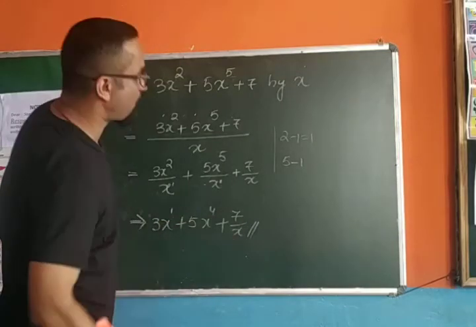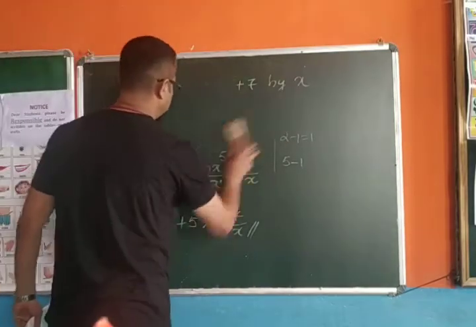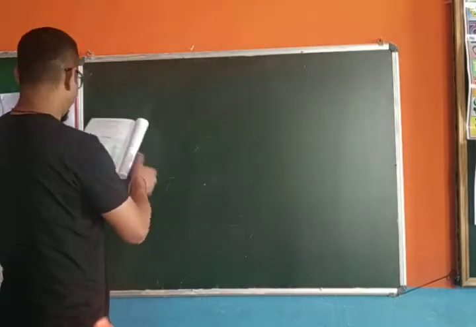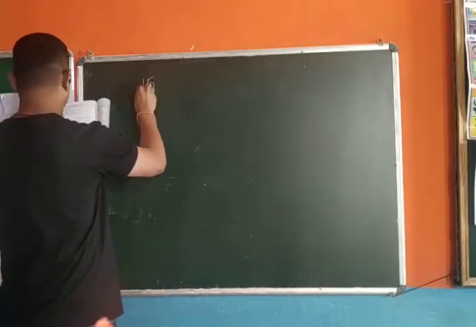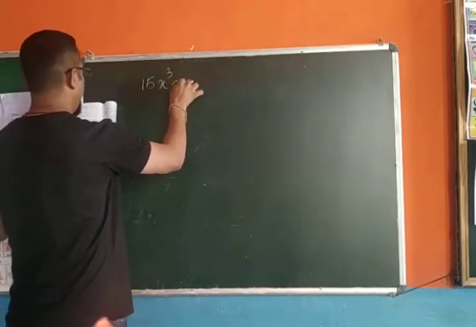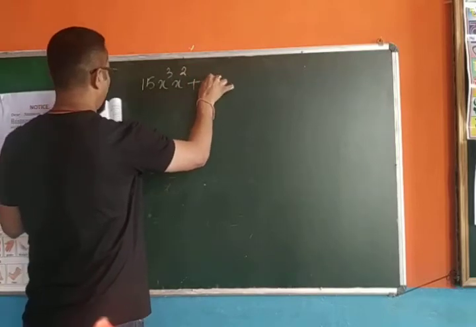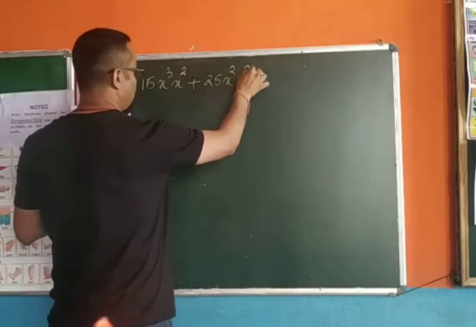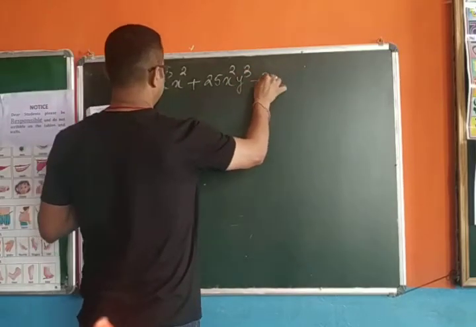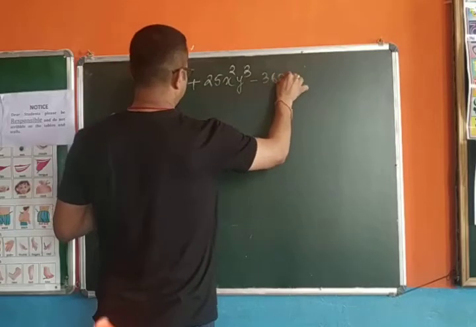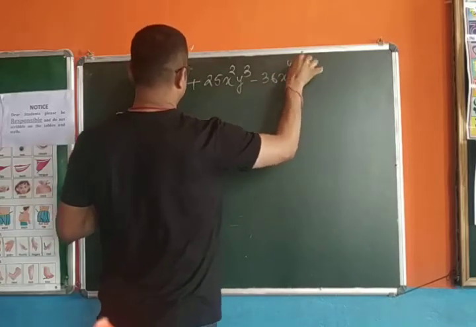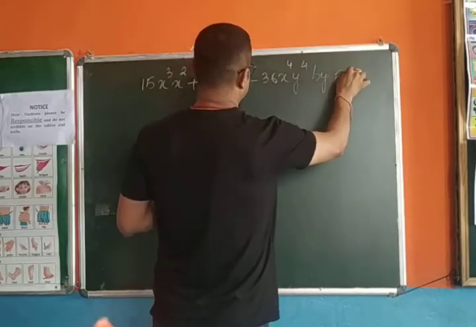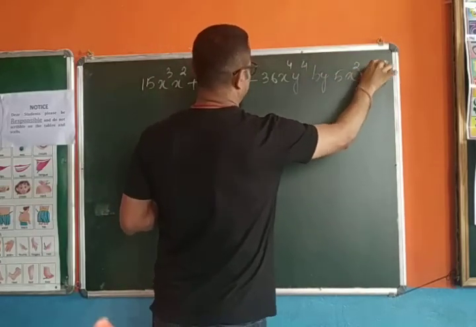Next one, look at this second example. 15 x cubed y squared plus 25 x squared y cubed minus 36 x to the power of 4 y to the power of 4 by 5 x squared y squared.